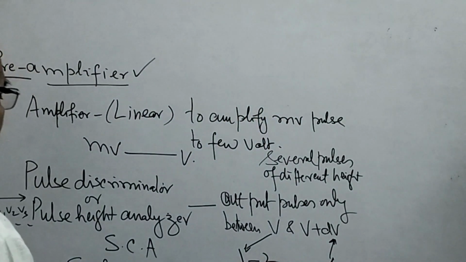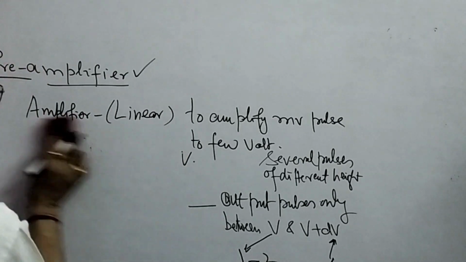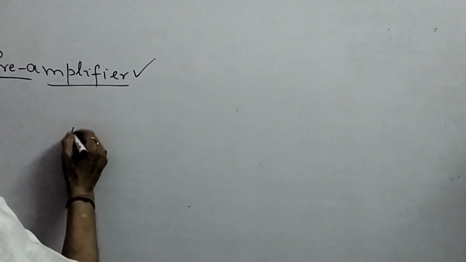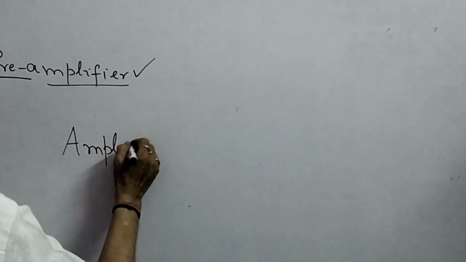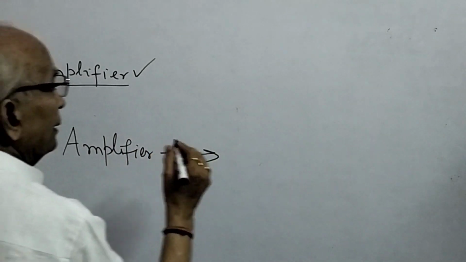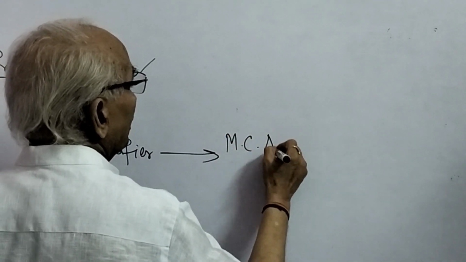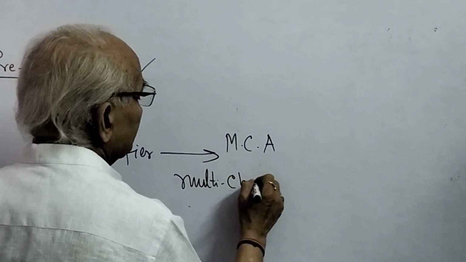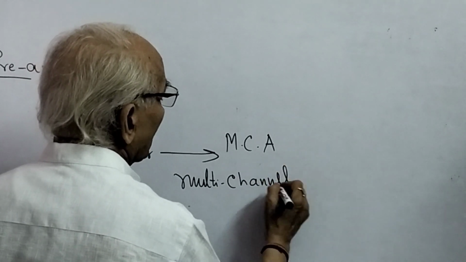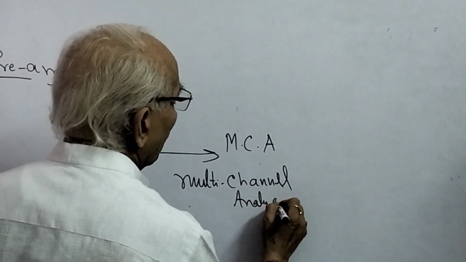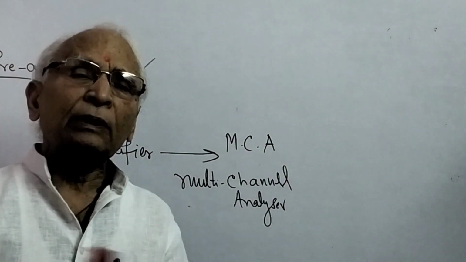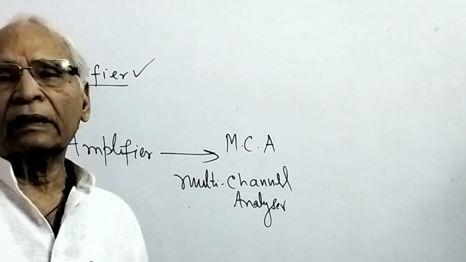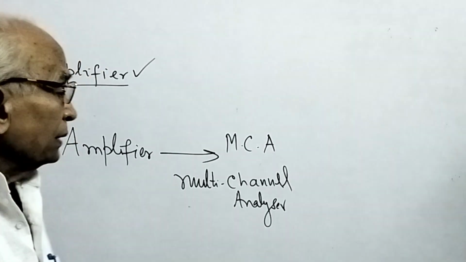So in place of this scaler and all these SCAs, now after the amplifier we connect directly to an MCA, that is, a multi-channel analyzer. Now we have a computerized system: a software which operates a computerized electronic circuit which has multi-channels.